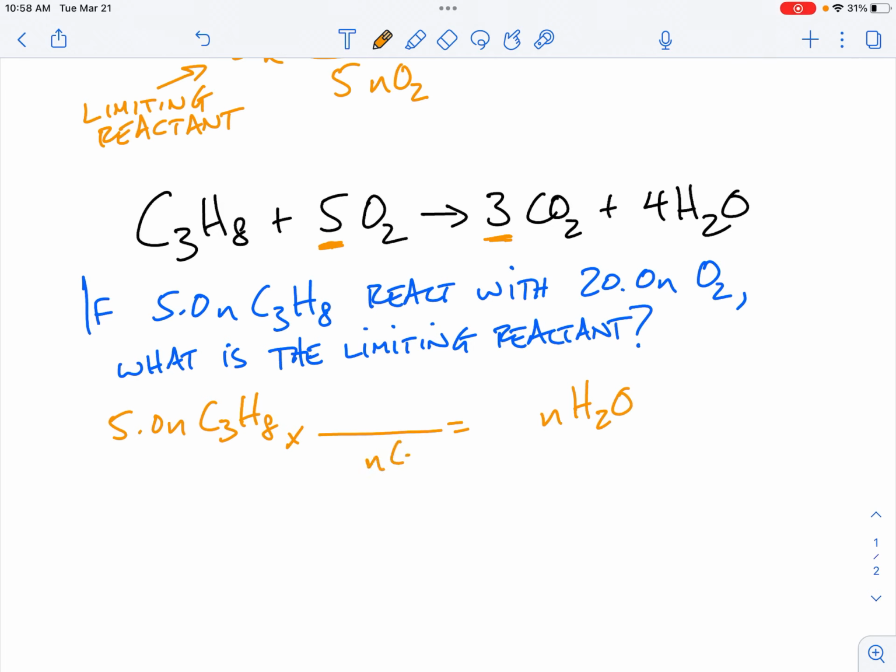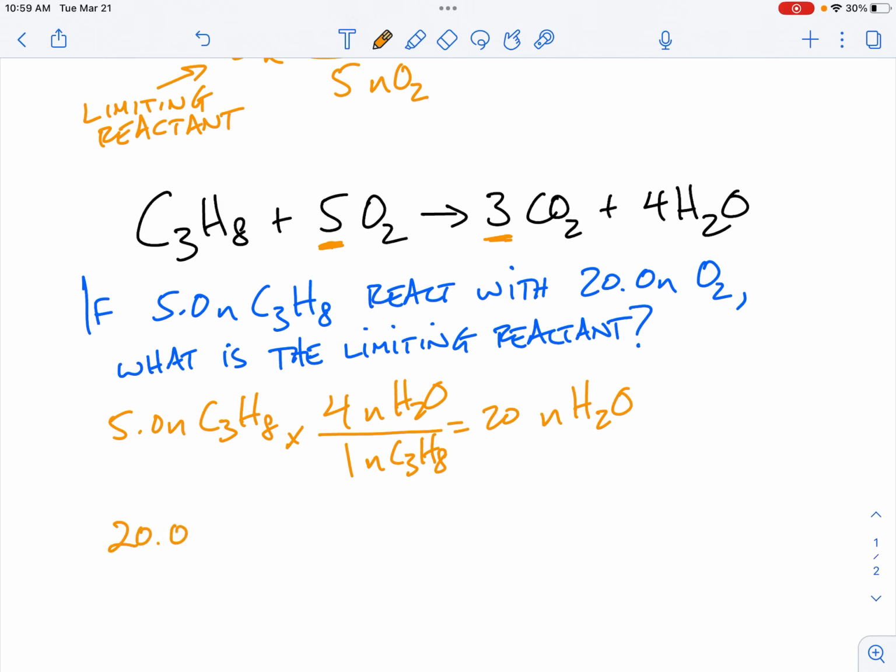Okay. Moles of C3H8 on the bottom, so our units cancel, and then moles of water on the top. Okay, grabbing our numbers from the equation, for water it's a 4, and for C3H8 it's a 1. All right, so we can make 20 moles of water from the C3H8.